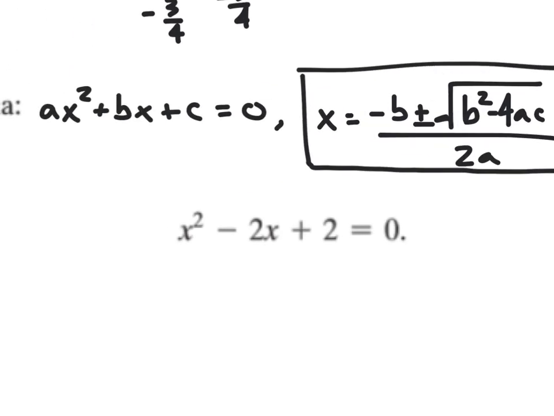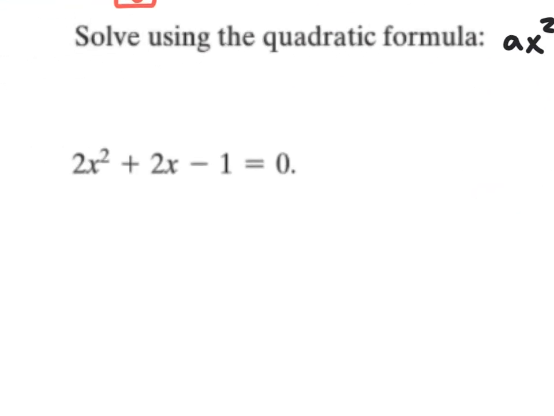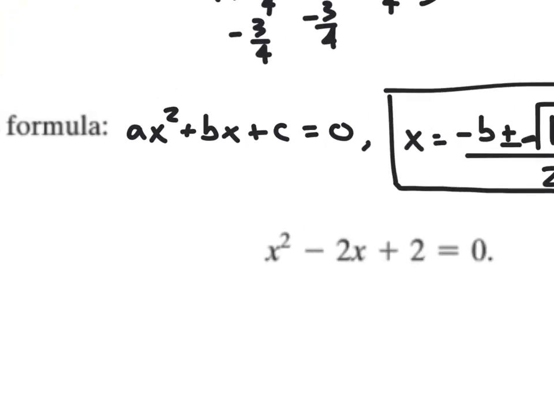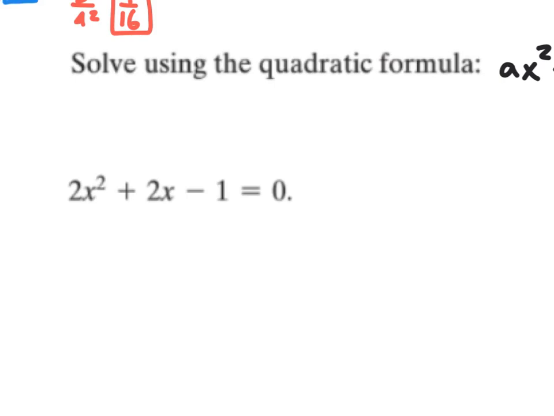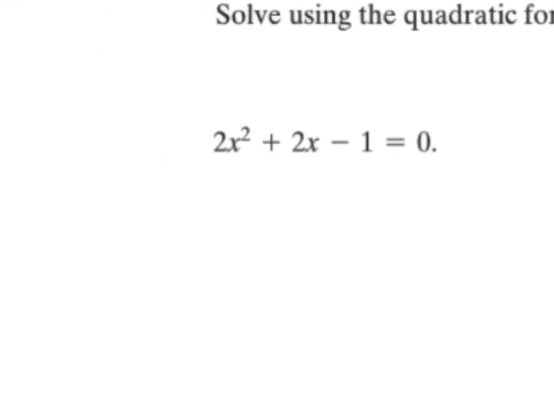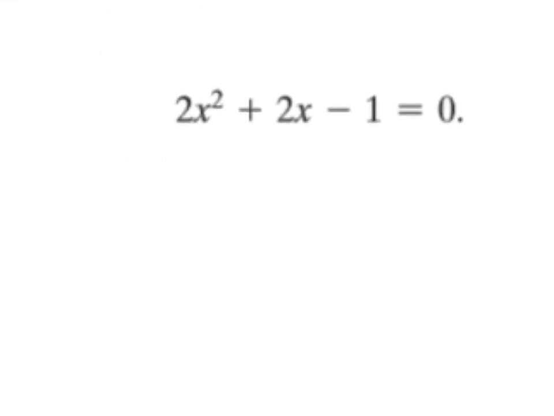All right, now what I'm going to do is solve these quadratics using the quadratic formula, all right? And so let's watch what happens, okay? I need to list out my coefficients. I have my a value, my b value, and my c value. Now my a value is positive 2, my b value is positive 2, my c value is negative 1.